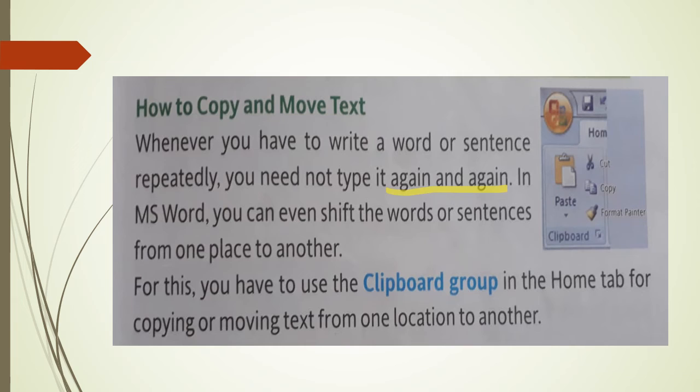For this, you have to use the clipboard group, which is placed in the Home tab. When you click on the Home tab, you will get the clipboard group there for copying or moving text from one location to another.